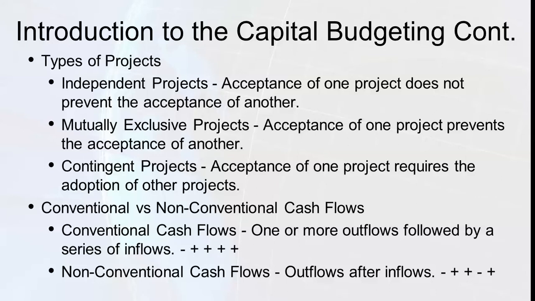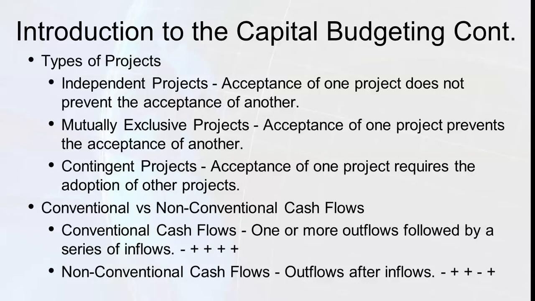Basically, if the acceptance of one project does not prevent the acceptance of another, in that case, this is an example of an independent project. If you accept one project, then you cannot accept another project, in that case, this is mutually exclusive projects.